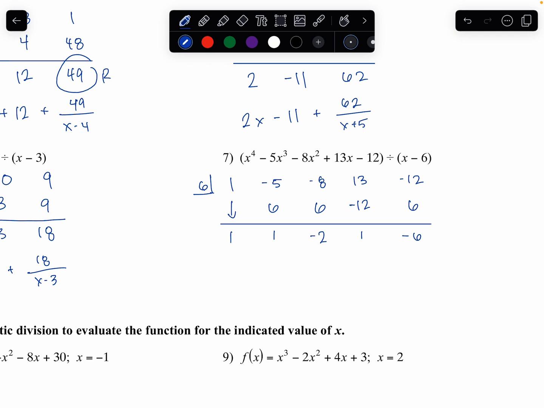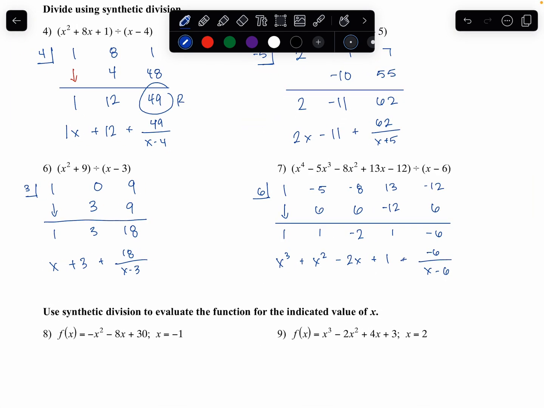So this is going to be x to the third. This is the leading coefficient that's here, so 1x to the third, and it has to be degree 3 because this is degree 4, and then we're just going to go down. Plus x squared, 1x squared, minus 2x, and then it's going to be plus 1, then plus -6 over x minus 6.